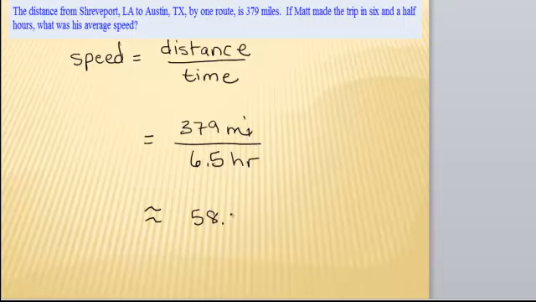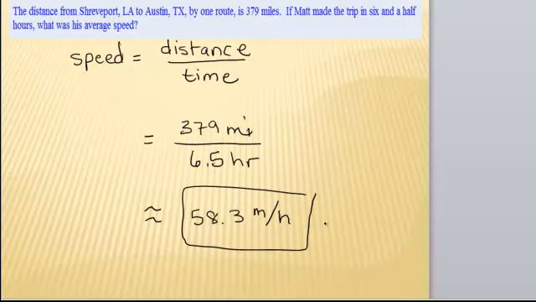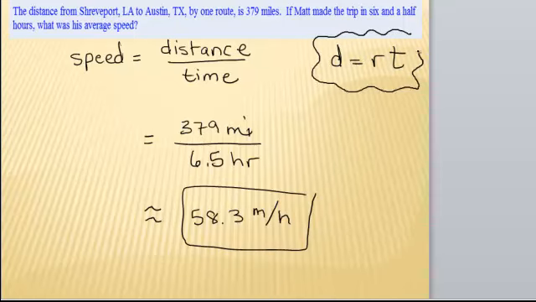So 58.3 miles per hour. You can also put mph in a case like this. So that was his average speed. By the way, for future reference, distance equals rate times time is a very, very important formula. And that's one that we used here, except it was solved for rate or speed.